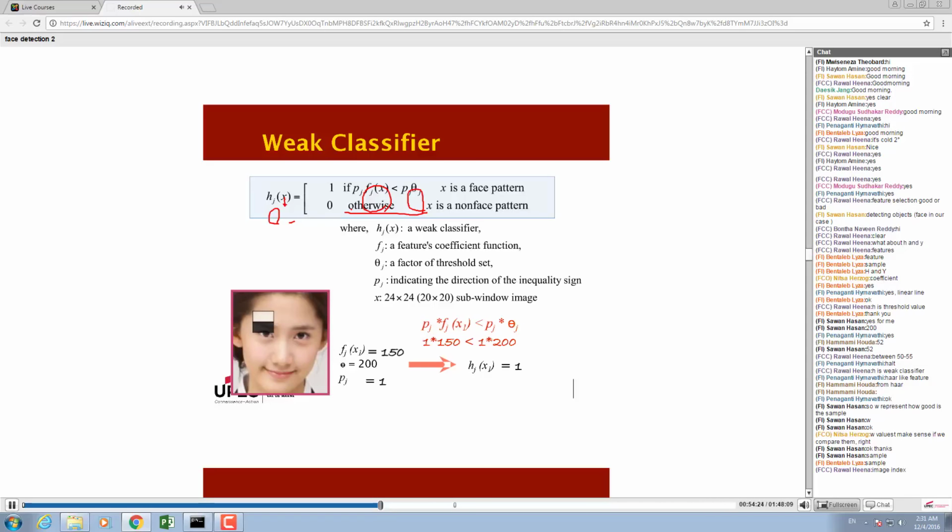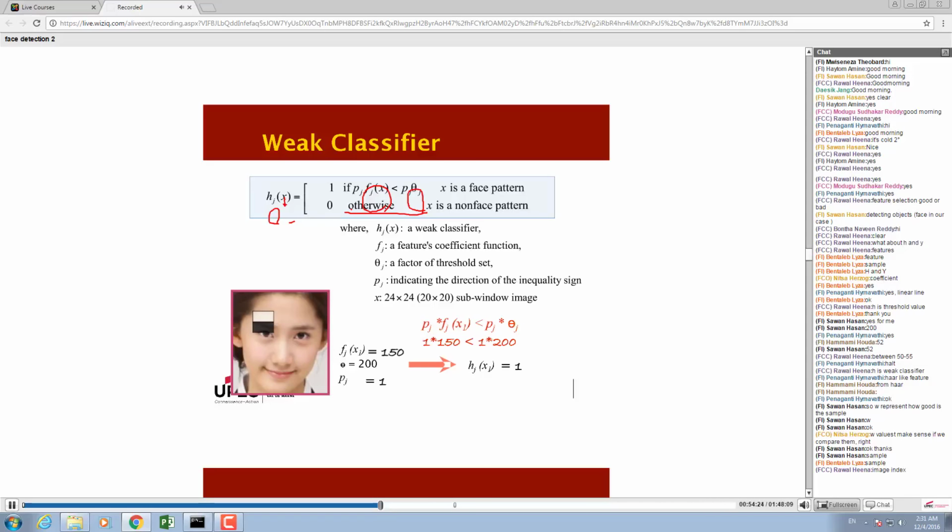In this weak classifier h, the threshold theta is 200. It is less than 200, so the result of hj for this image x1 equals 1. It is returning yes. 1 means yes.